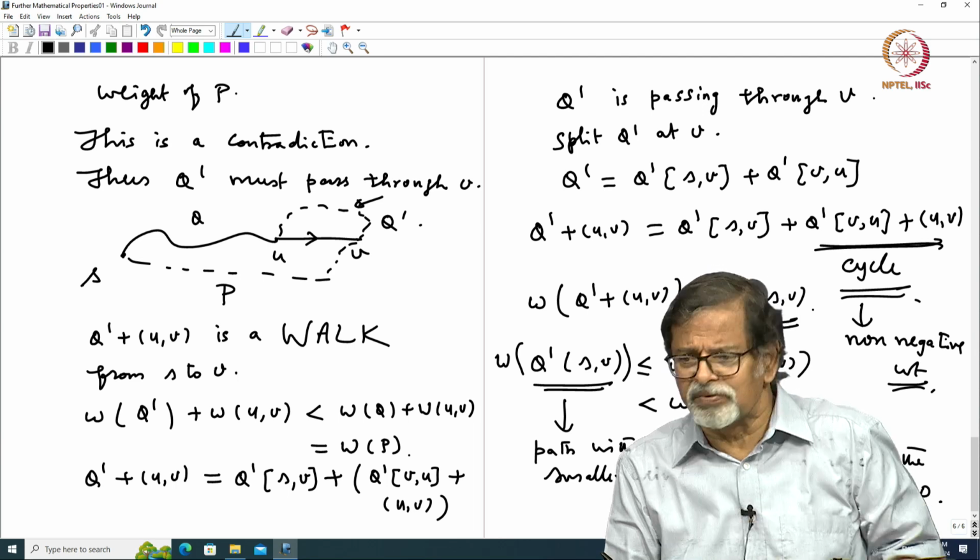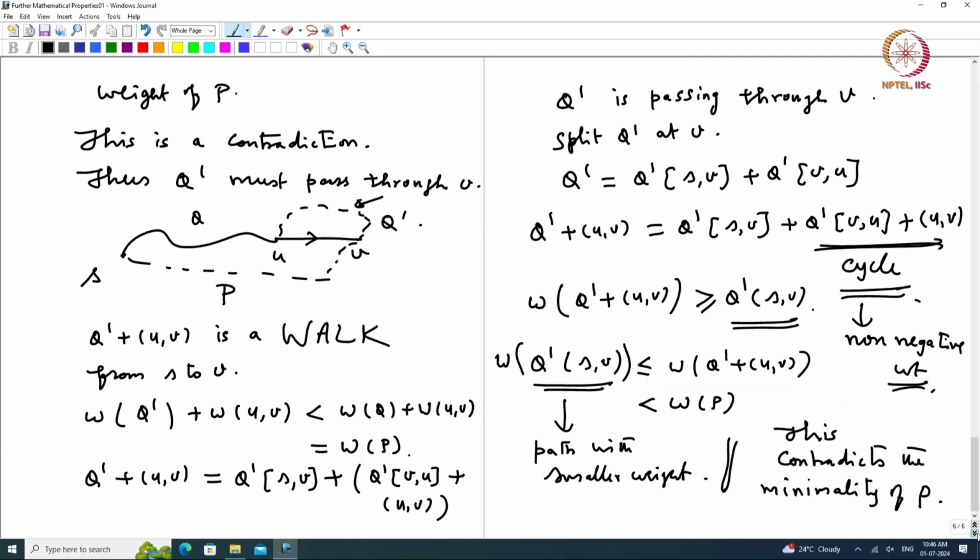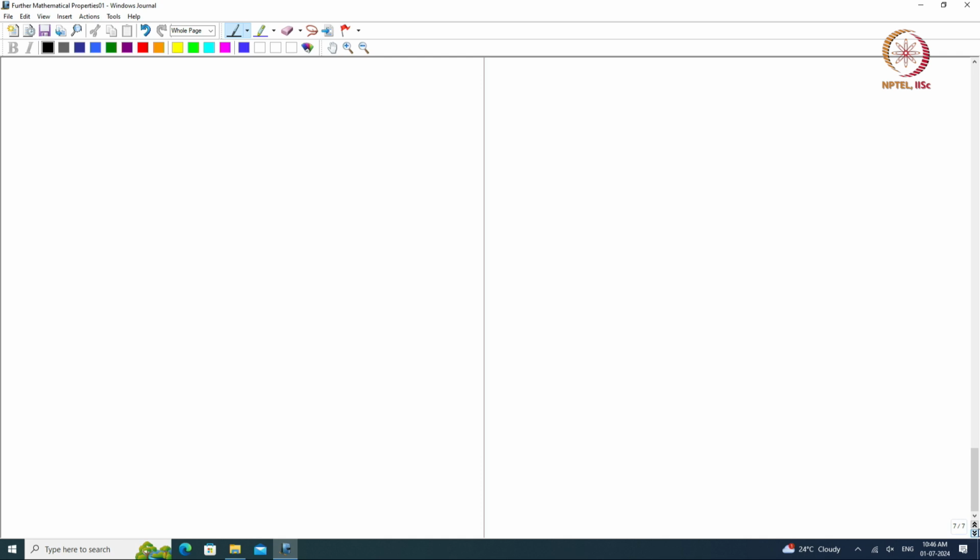So, this clean proof shows that you cannot have a path shorter than q.